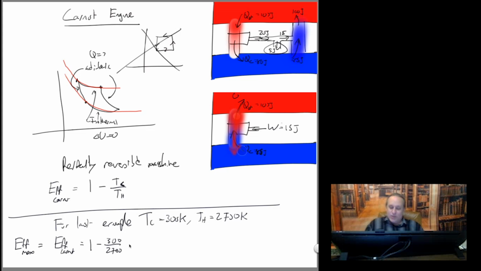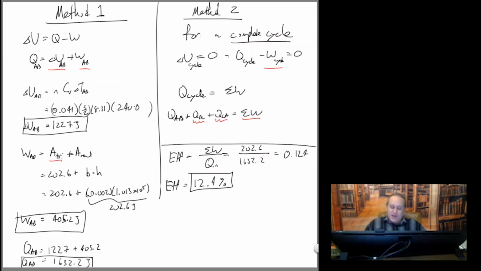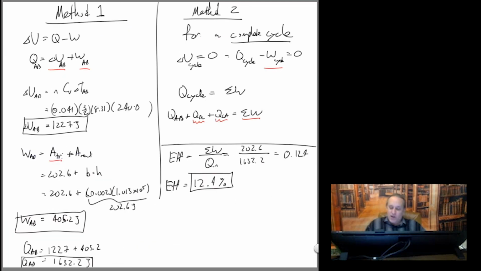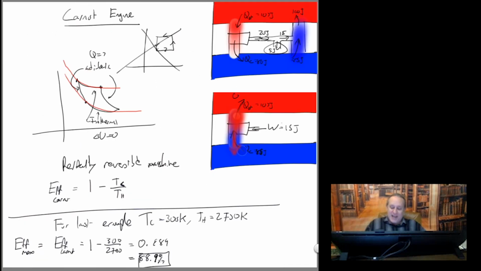And that's 0.889, or 88.9% efficient. So for this triangular engine that we made here, its efficiency was 12.4%, but operating between that same hot and cold temperature, a Carnot engine would be 88.9%.